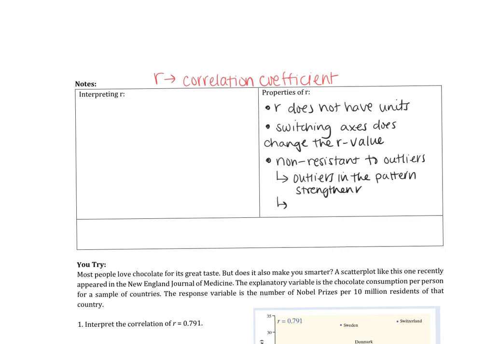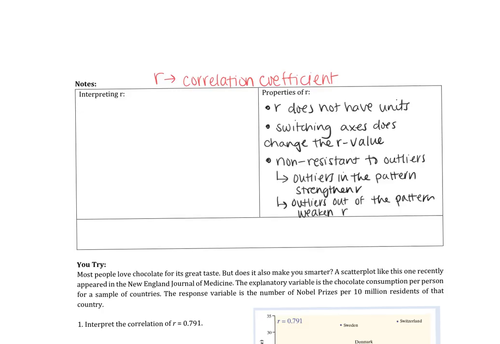If the outlier is outside of the pattern, that weakens the correlation. Because remember, R is the measure of the degree to which we have a linear relationship. The closer R is to 1, the stronger the linear relationship.